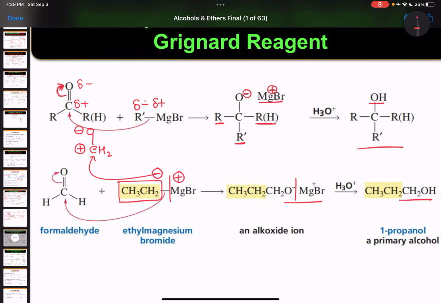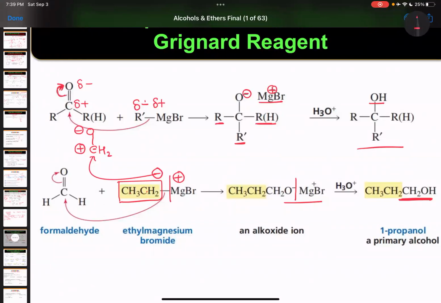So remember the conclusion, which is very, very important with formaldehyde. Grignard plus formaldehyde, what are you going to get? You are going to get an alcohol with one more carbon atom. This is a step up reaction. A step up reaction means you are increasing the number of carbon atoms.